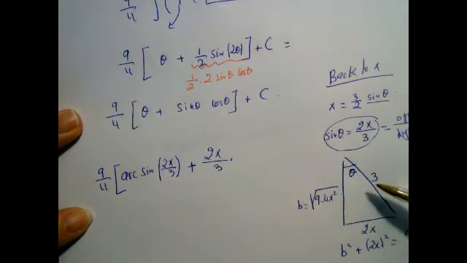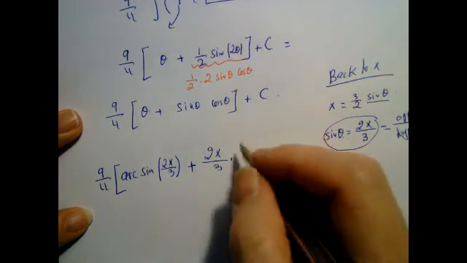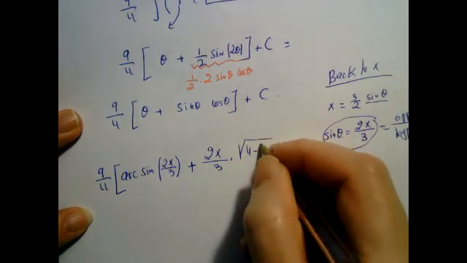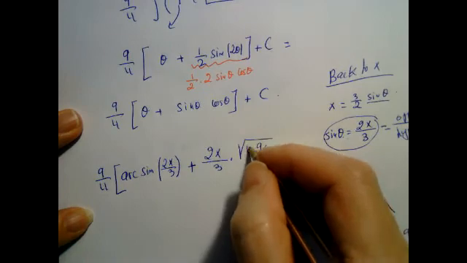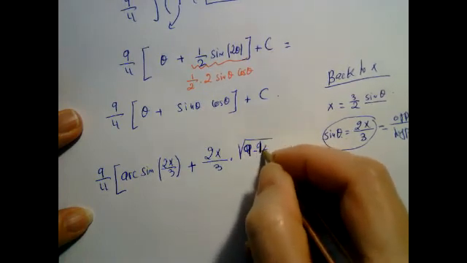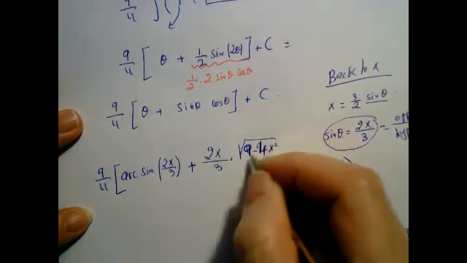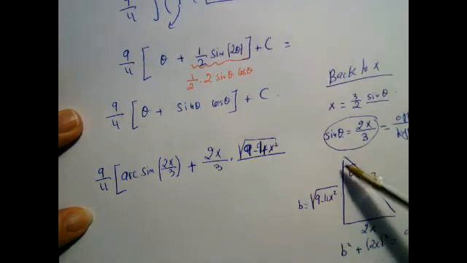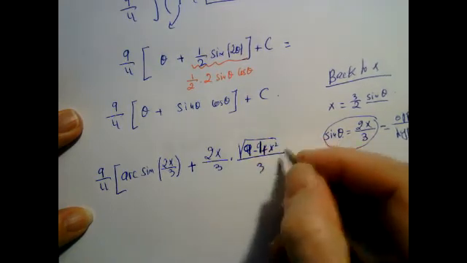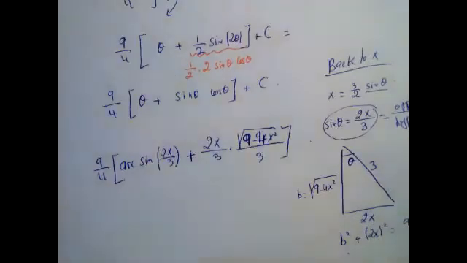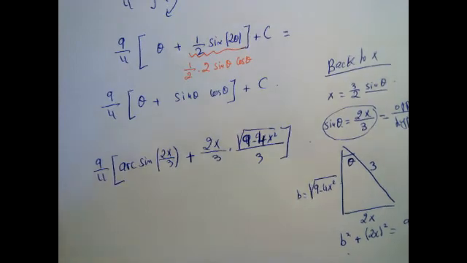The cosine is the square root of 9 minus 4x squared, divided by 3. End of the problem. So a little bit of tweaking, but with observation, we can actually make it into a standard problem.